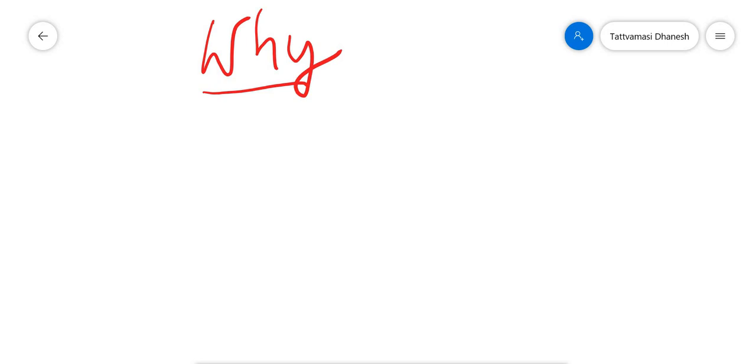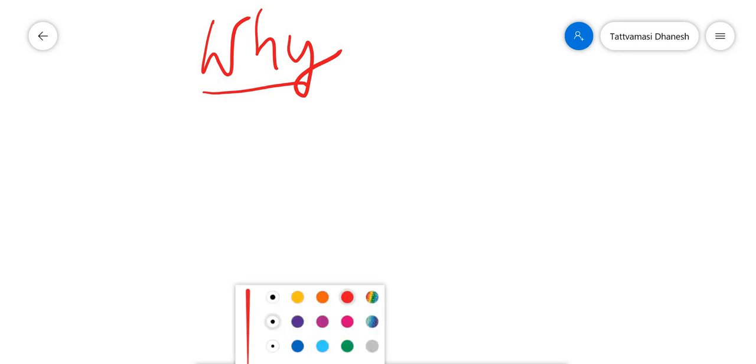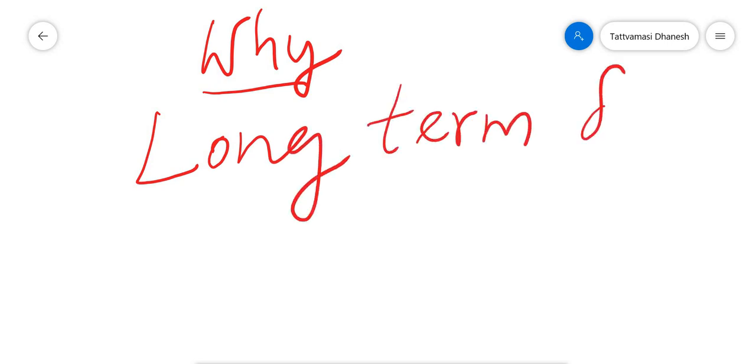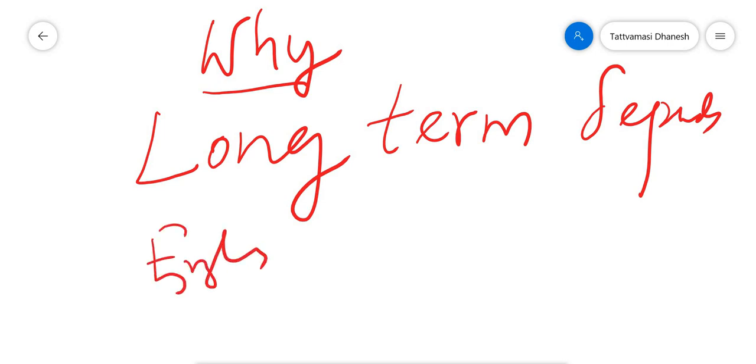The reason is, as I discussed, it is used to learn long-term dependencies. Let us assume that our RNN is used to process some data for language translation from English to French.